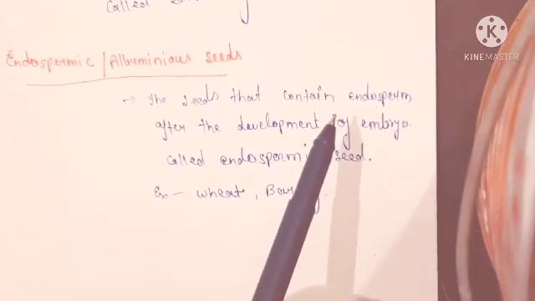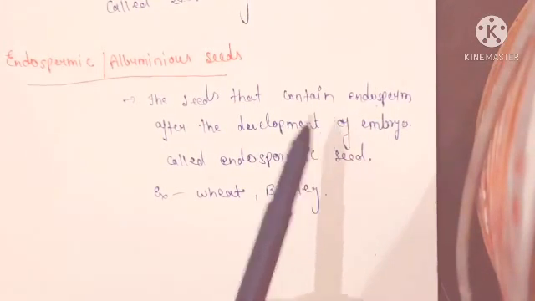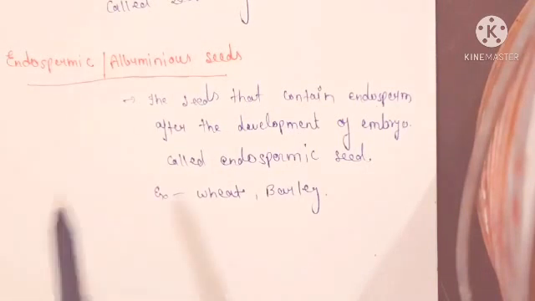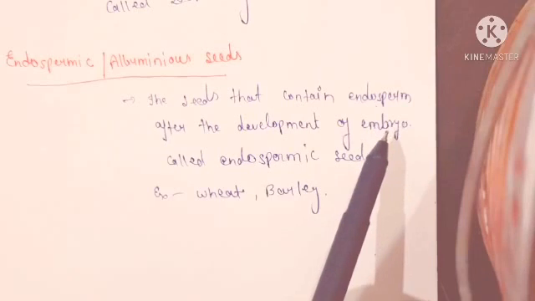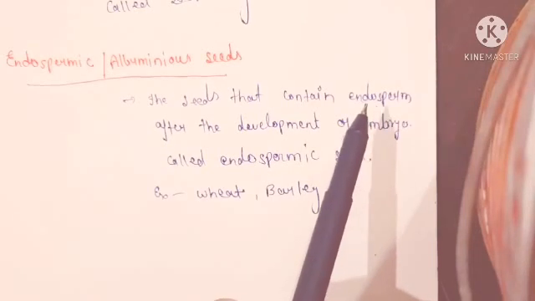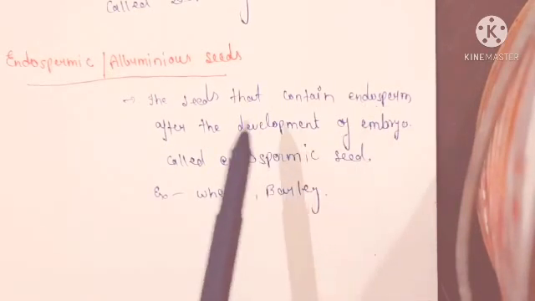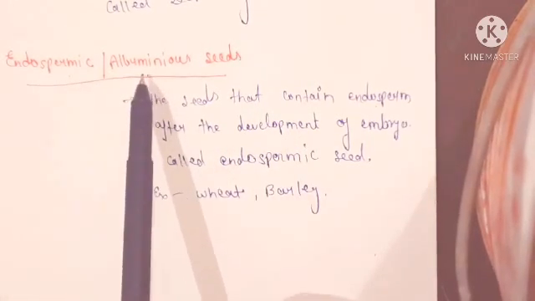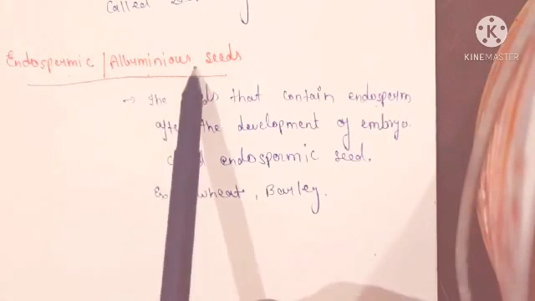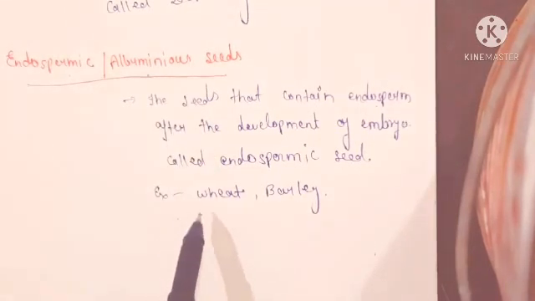But in some seeds, there is some endosperm present after the development of the embryo, and such seeds are called endospermic or albuminous seeds. Okay, for example, wheat, barley. These are some examples.